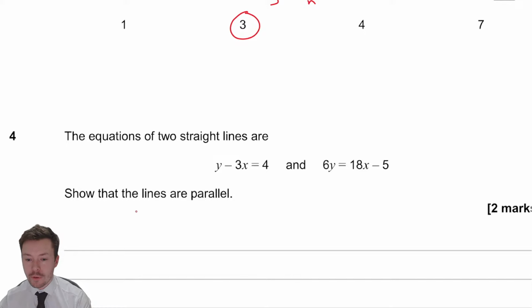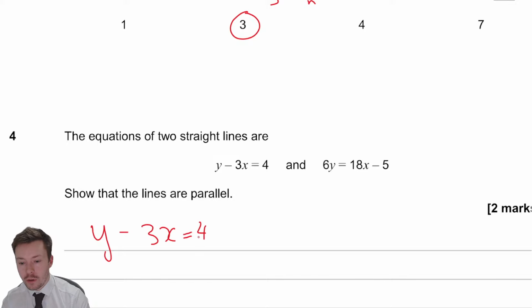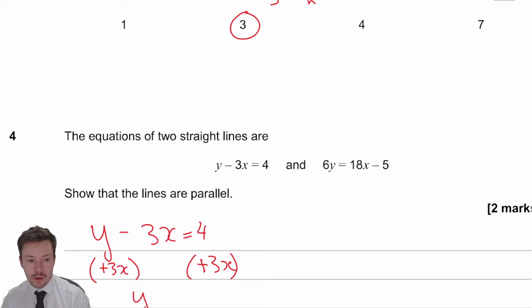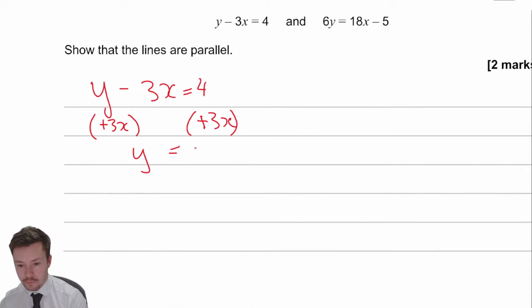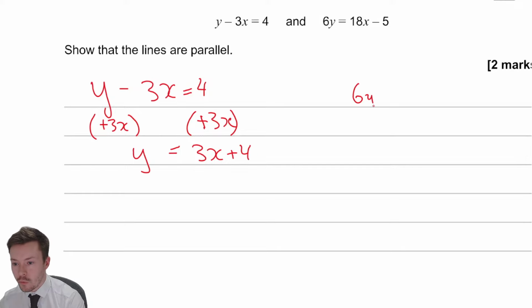Right. The equations of two straight lines are y minus 3x equals 4 and 6y equals 18x minus 5. Show that they are parallel. Right, well, y minus 3x is equal to 4, if we add 3x to both sides of the equals, we are going to get y is equal to 3x plus 4, so our gradient there is 3. And if we look at the other line, 6y is equal to 18x minus 5. Divide everything by 6.